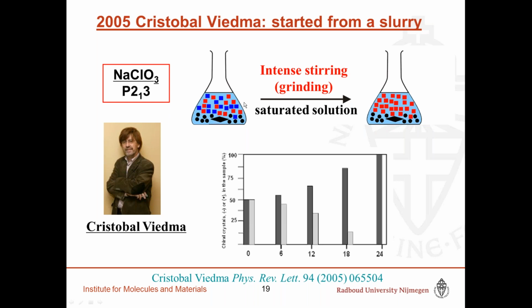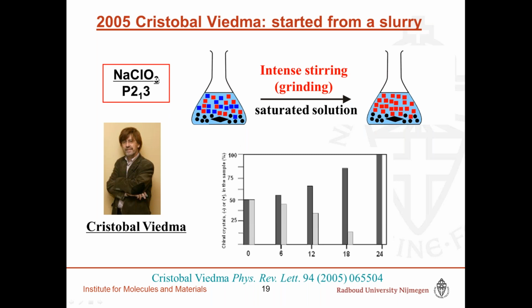And by stirring this slurry vividly, so really grinding the crystals down to very small crystallites, he found that after some time he ended up with only one of the two enantiomers in the solid. A very surprising experiment. You see one of his graphs in this publication. One of the two enantiomer crystals disappears in time and the other grows. So let's say the left-handed are converted via the solution to the right-handed crystals.